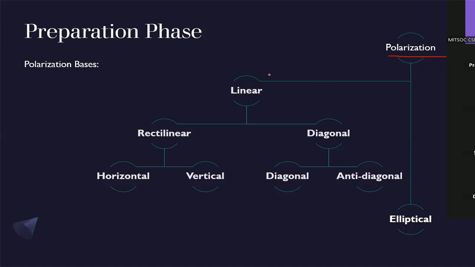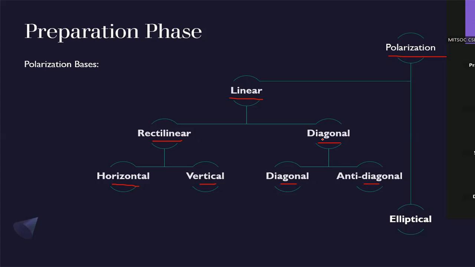Most quantum cryptography algorithms use linear polarization only. In linear polarization, we have rectilinear and diagonal. The subtypes of rectilinear are horizontal and vertical, and for diagonal, we have diagonal and anti-diagonal.